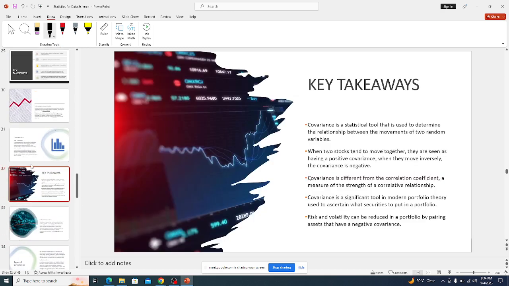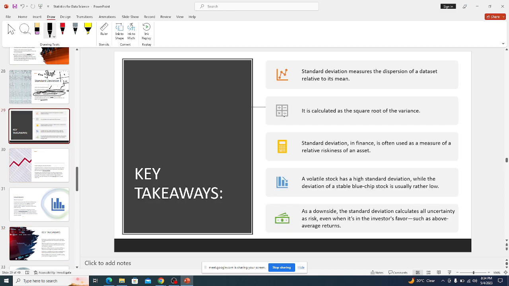So let's now go to the takeaways. Under takeaways, standard deviation measures the dispersion of a data set relative to its mean, because it is a measure of dispersion or variability. It is calculated by taking the square root of variance, very correct. Standard deviation in finance is often used to measure the relative riskiness of an asset.